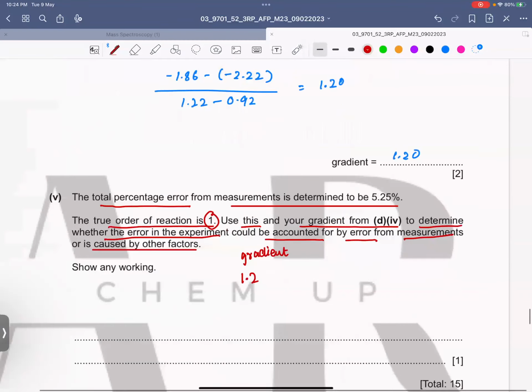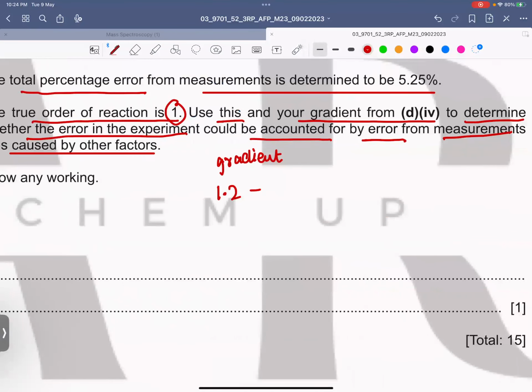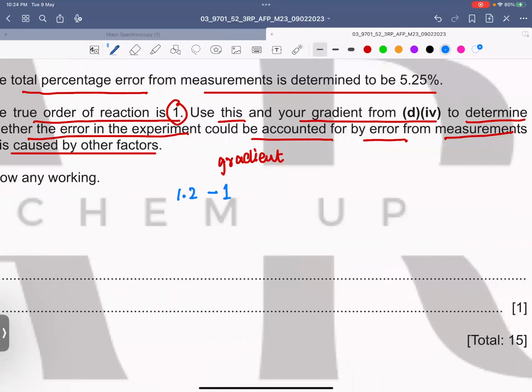So how can I find the error? My gradient is 1.2 minus 1 because the order is 1 and the total order is 1. So I would keep 1 in the denominator and times it by 100.